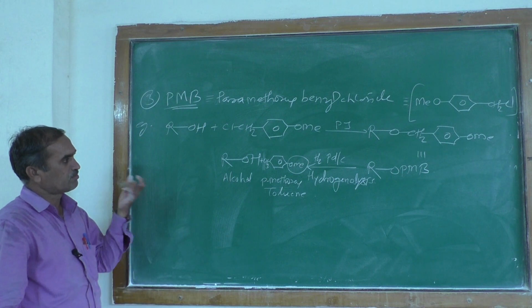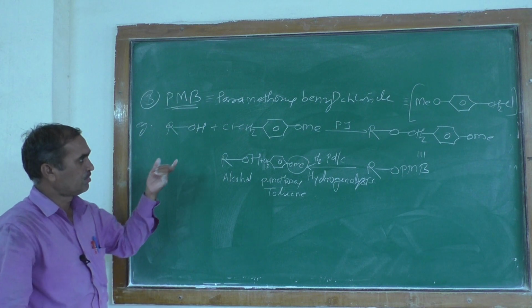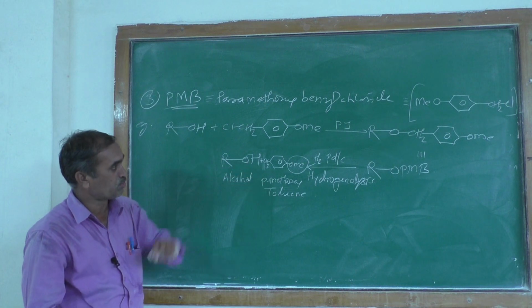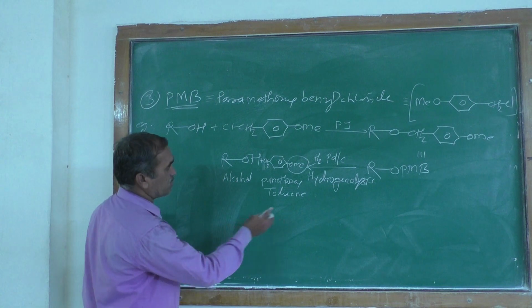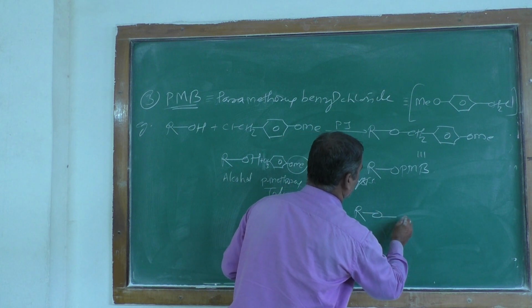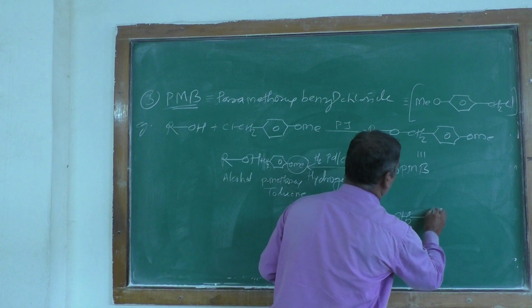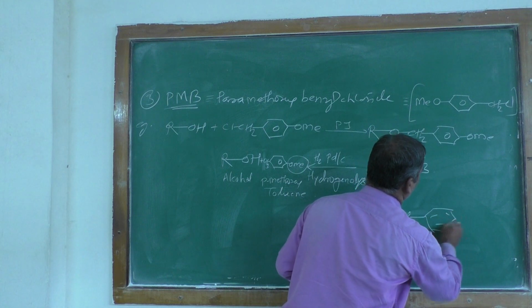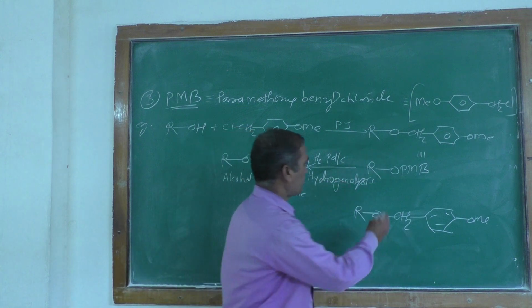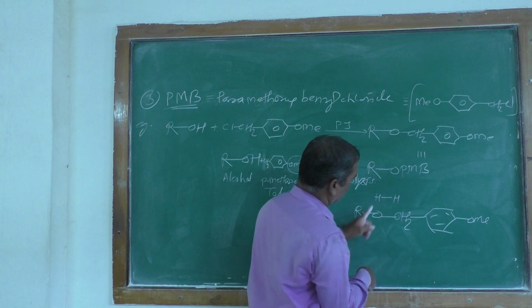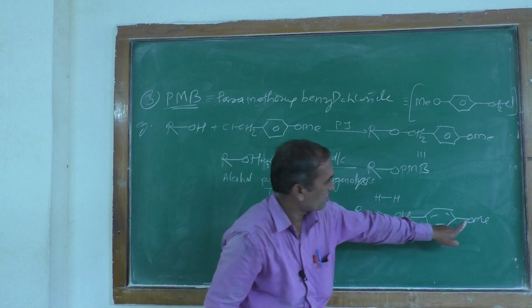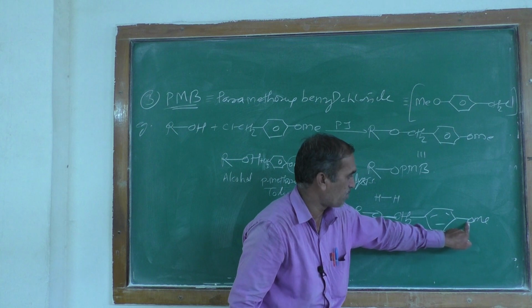What changes here? Only an OMe is introduced here, and the rest of the thing remains as it is. But one question may arise in your mind: look here, in the hydrogenolysis, suppose we have RO, then CH2, then this group OMe. Now in the hydrogenolysis, the hydrogen atom and this hydrogen atom, this bond is going to cleave here. Why not this bond, carbon and oxygen?